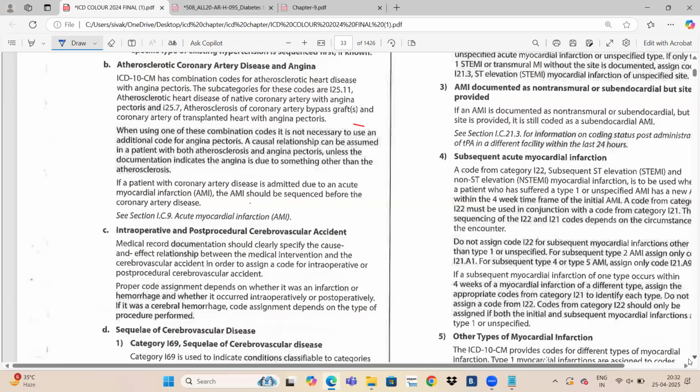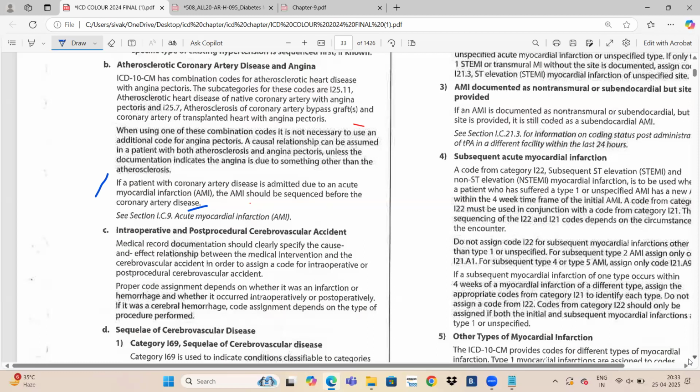Next, if the patient has CAD and acute myocardial infarction, what do we need to code first? You can read these 3 lines. If a patient with CAD is admitted due to an acute MI, the AMI should be sequenced before the CAD. What's the meaning?